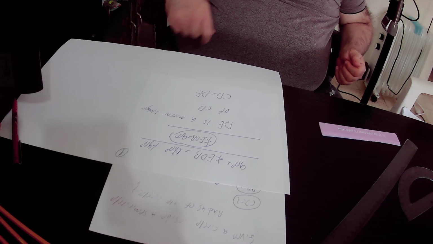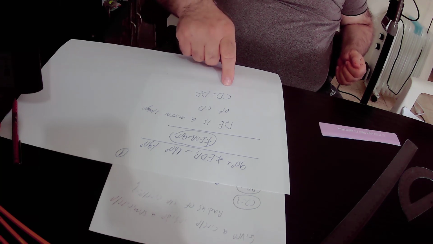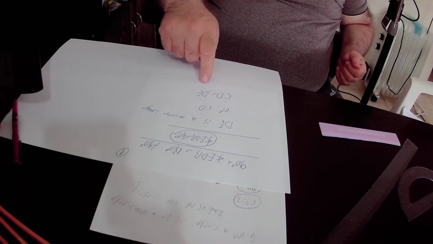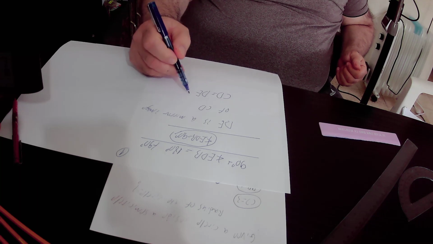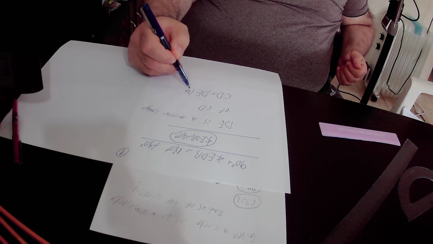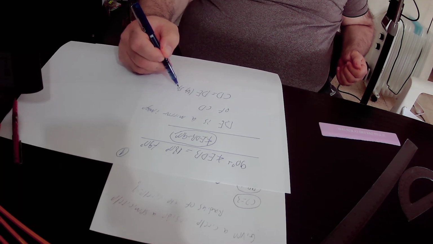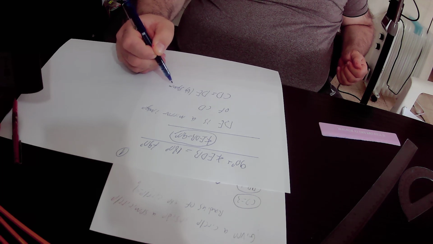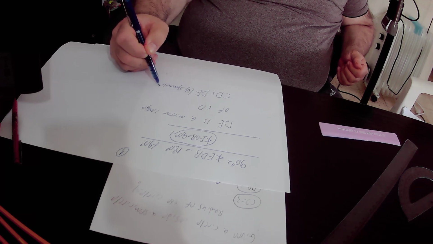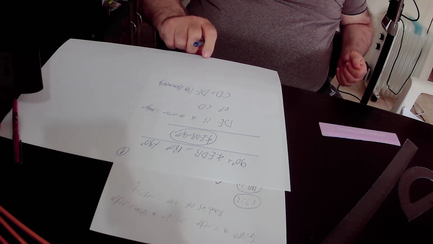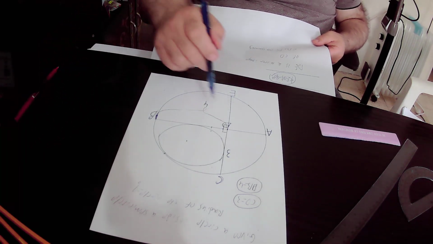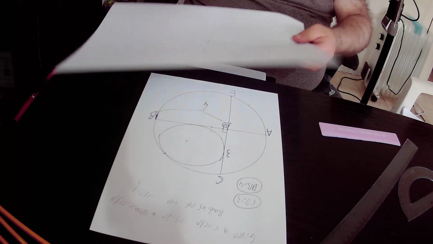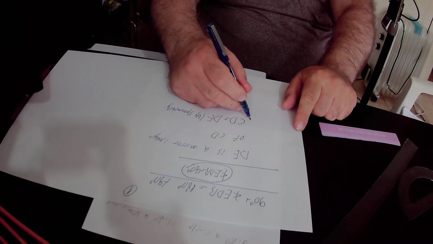And because DE is the mirror image of CD, it means that DE must be equal to CD by symmetry. Okay? By symmetry. And we know that CD equals 3 units according to what is given in the question.